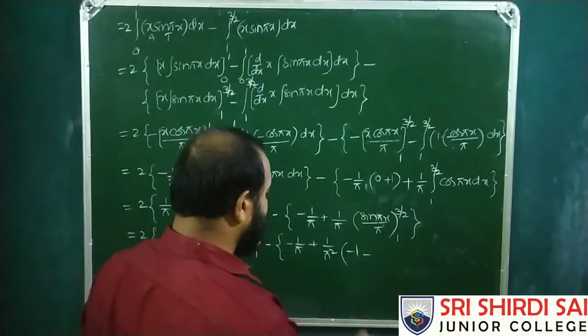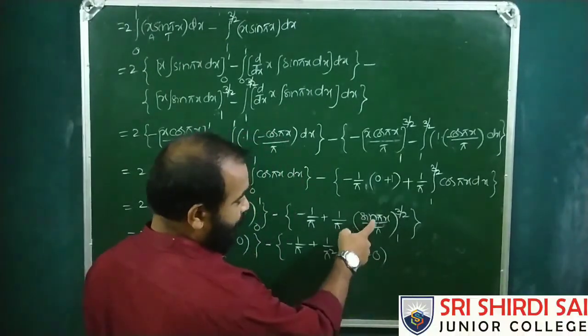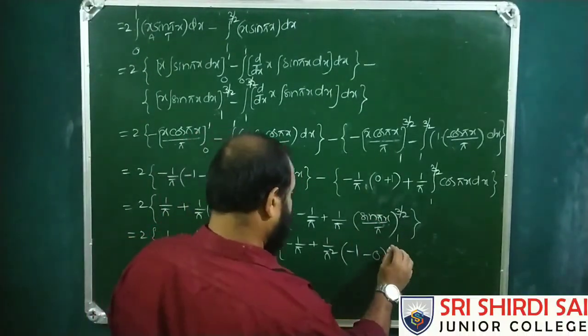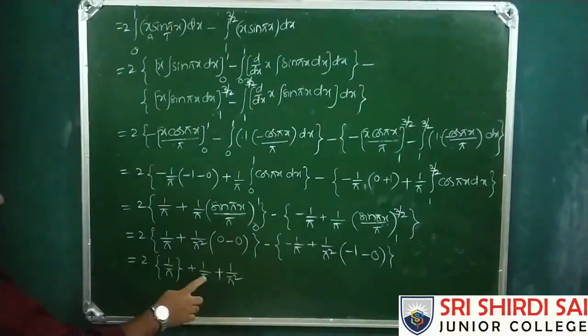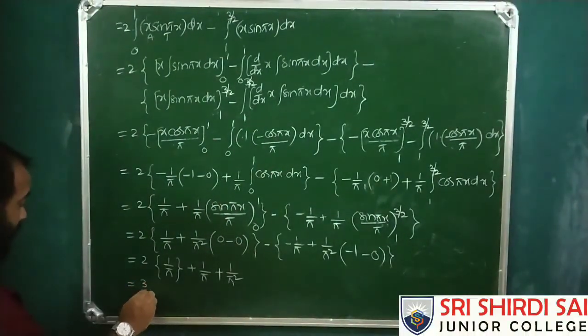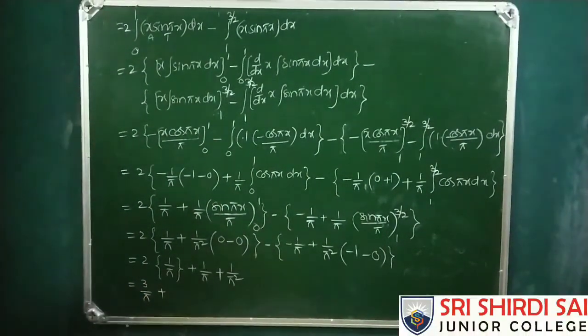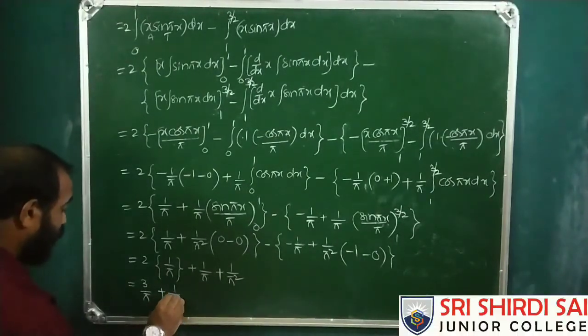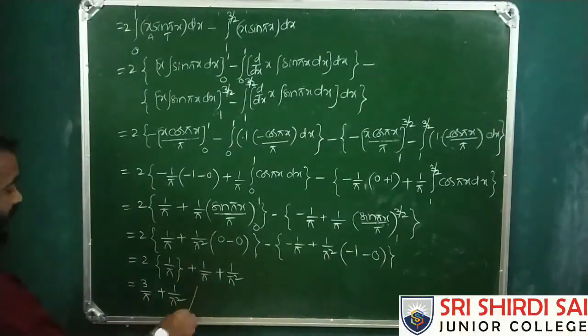Sin pi value is 0, so 0. So this equals plus 1 by pi, 3 by pi plus 1 by pi square is the answer.